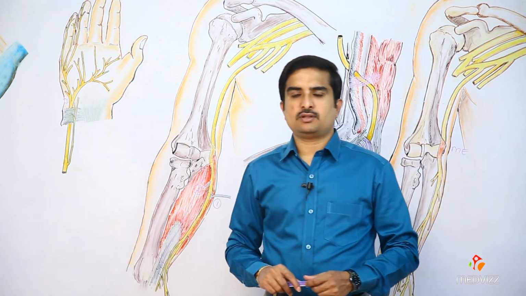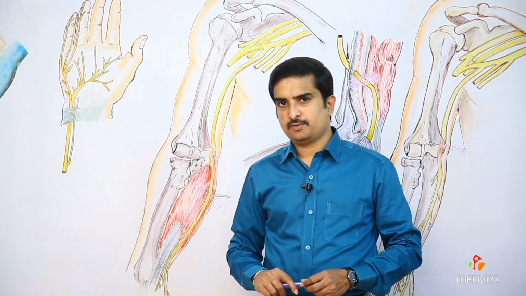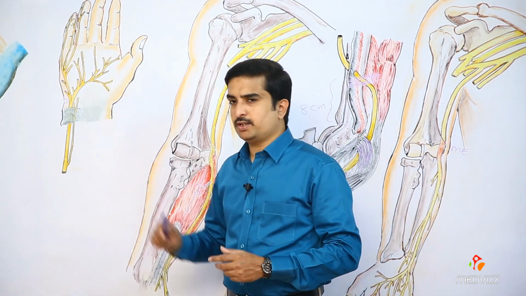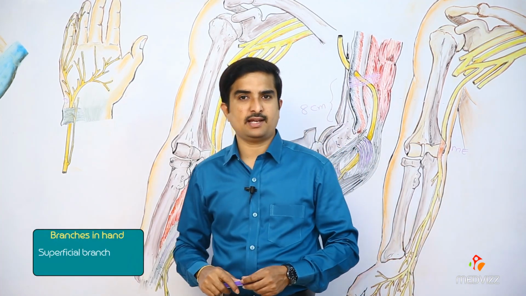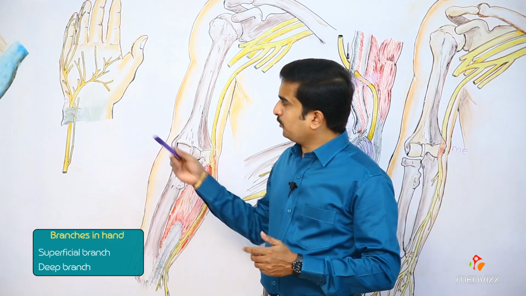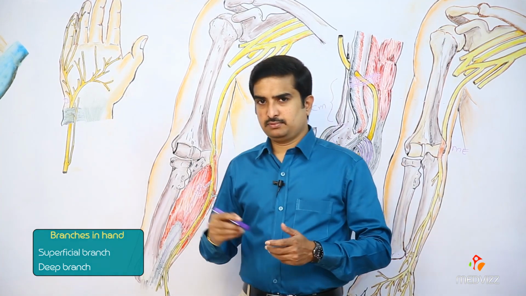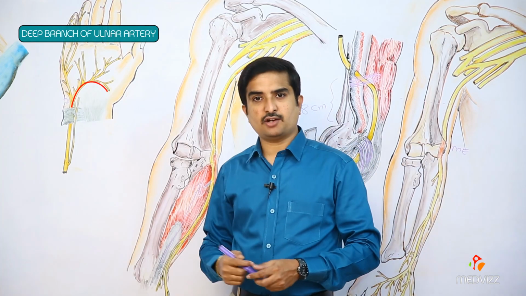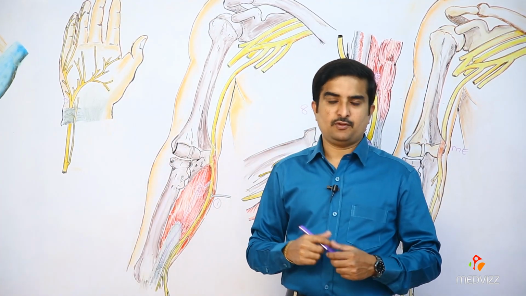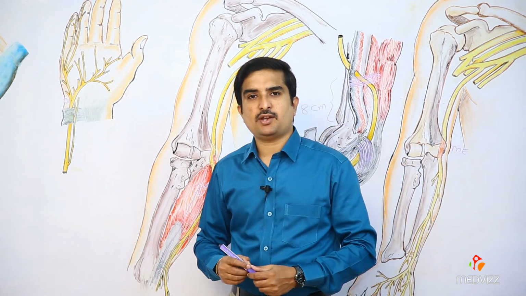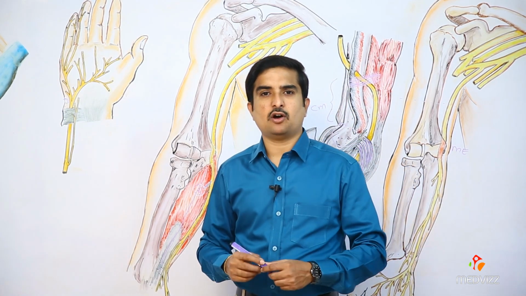Now let us talk about the branches in the hand. In the hand, I already told you that the ulnar nerve gives two branches, the superficial branch as well as the deep branch. The deep branch passes along the deep branch of the ulnar artery. It is predominantly a motor nerve, which means it gives innervation to the important muscles of the hand.